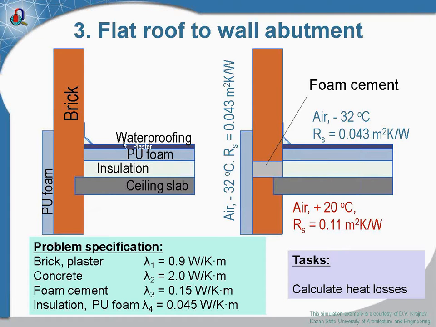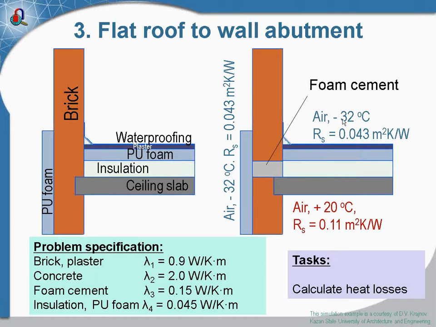Now the roof has a composite construction. It consists of the ceiling slab, insulation, foam, plaster and waterproofing layer. The temperature inside is 20 degrees Celsius and the air to roof thermal resistance is 0.11.